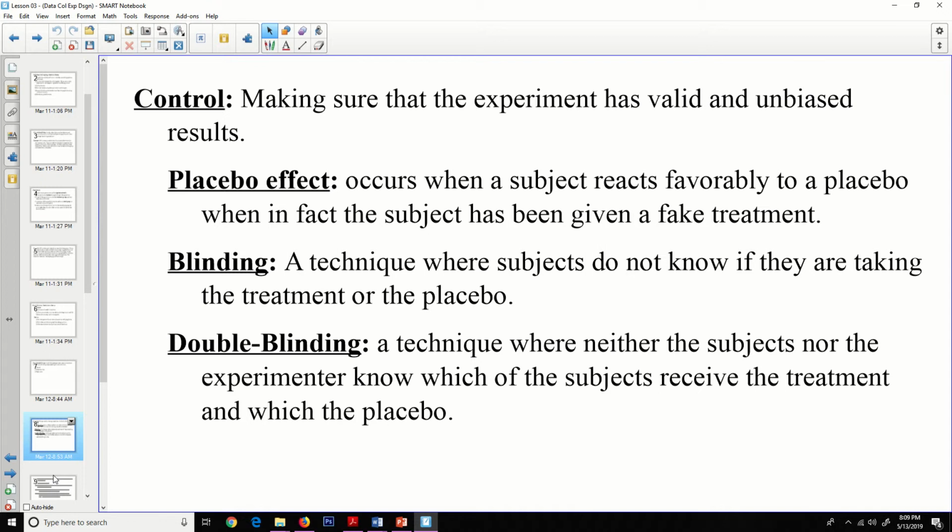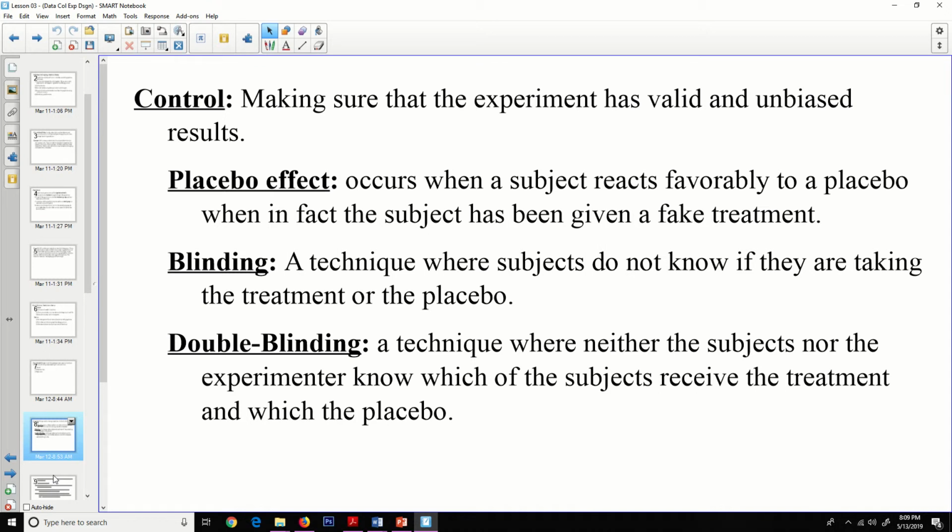The placebo effect is a true thing, when a subject reacts favorably to a placebo, when in fact the subject is given a fake treatment. Your mind is a powerful thing, and if you tell somebody that something is going to make them better and they believe you, it can have an effect that does improve whatever it is that you're claiming to cure.